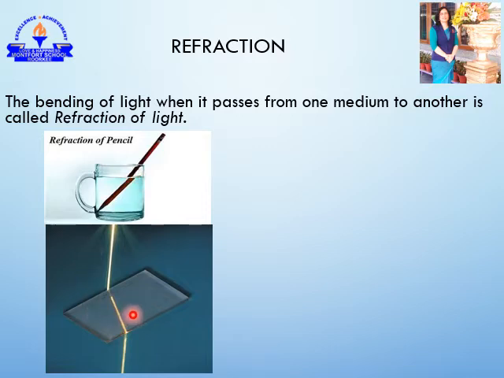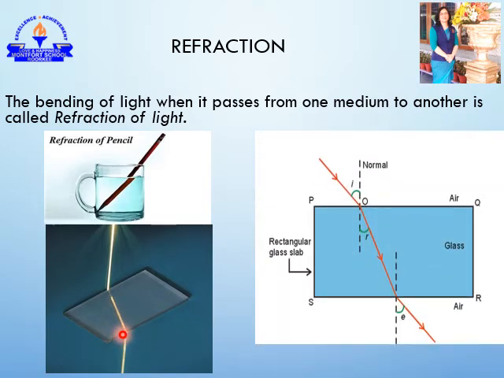There is a second example also, where a glass slab is given and light is being passed through this glass slab, and you can see that the path of the light is not the same. It is bent at the interface, here as well as here.